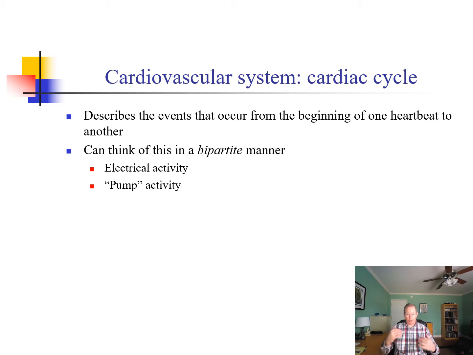This is a construct for our minds only. It doesn't actually occur. But the convenience of understanding the electrical activity and then understanding the pump activity before we integrate them makes it easier for us to learn. So I'm going to take it in those two steps: the electrical activity, which will be the focus of this video, and then the pumping activity, which will be the next.